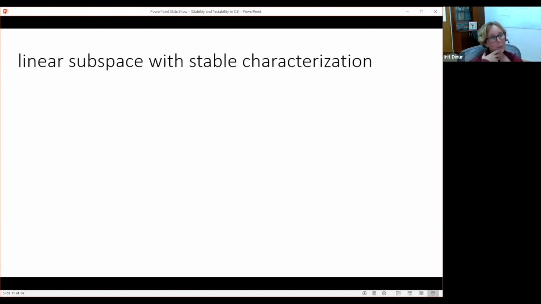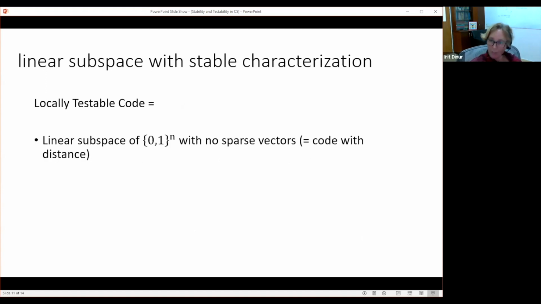So let me tell you what it means to have a locally testable code. Really what it means is that you have a linear subspace, but this linear subspace can be characterized by a stable set of equations. For this lecture, it's a linear subspace.